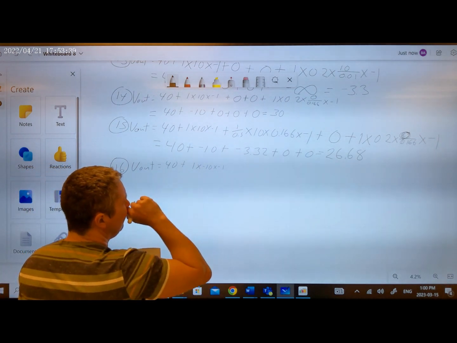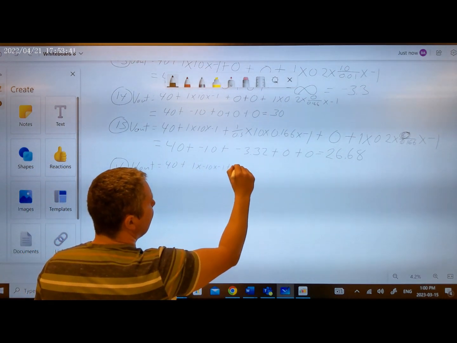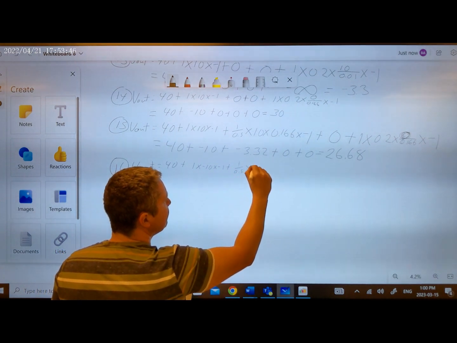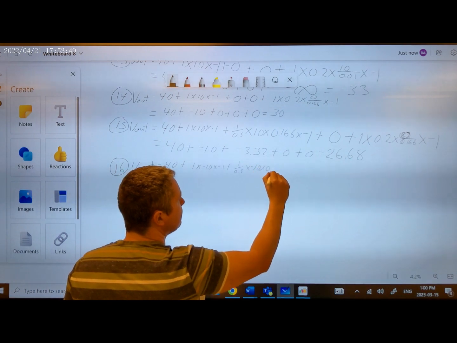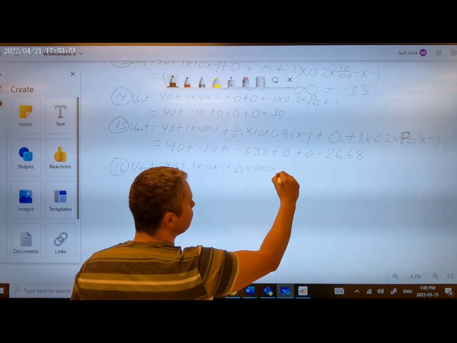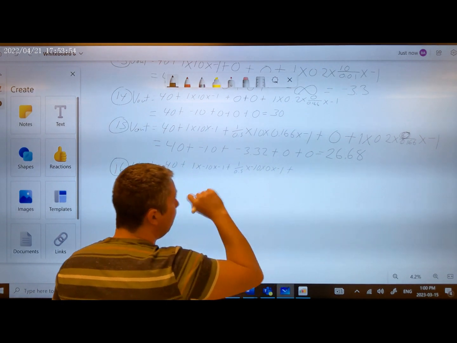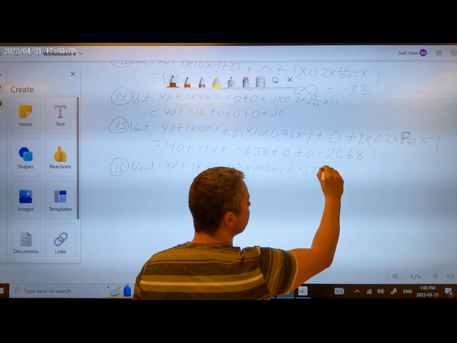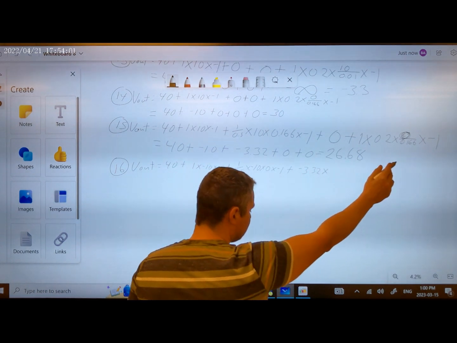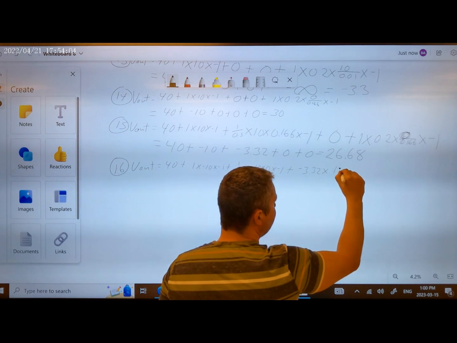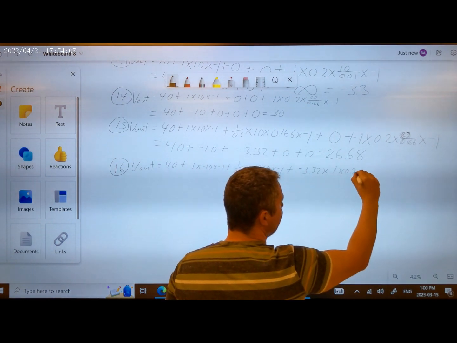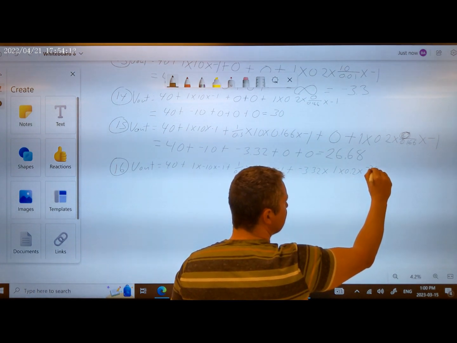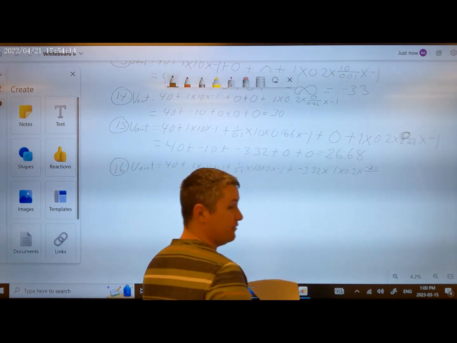So we go 40 times our proportional plus our integral, which is 1 over 0.5 times negative 10 times 0 time times our direction, plus our old integral of minus 3.32 plus our derivative of 1 times 0.2 times, we're going in the negative direction, and it's actually negative 20 is how far we went, not negative 10, right?